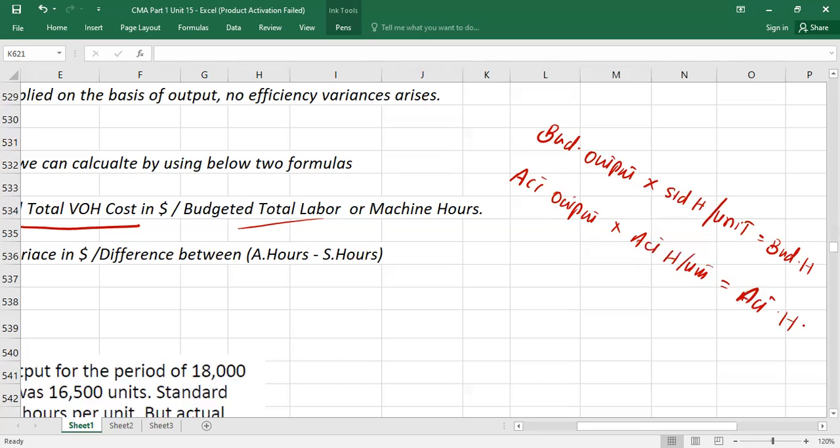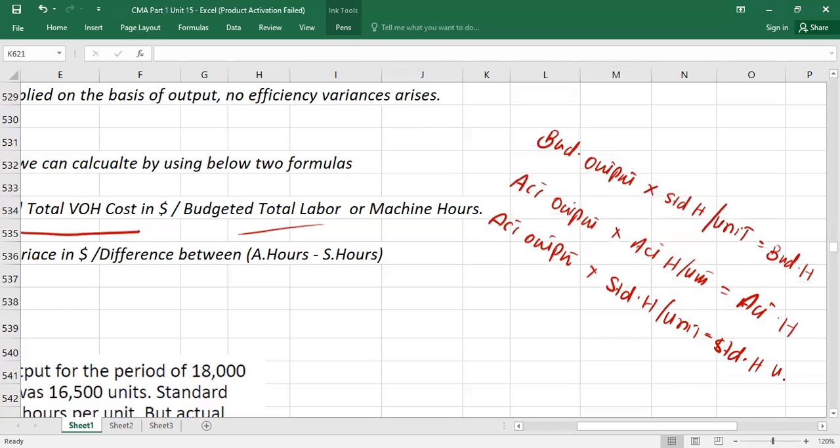If I want total standard hours, then how I will calculate? Actual output into standard hours per unit. This will give you what? Total standard hours.